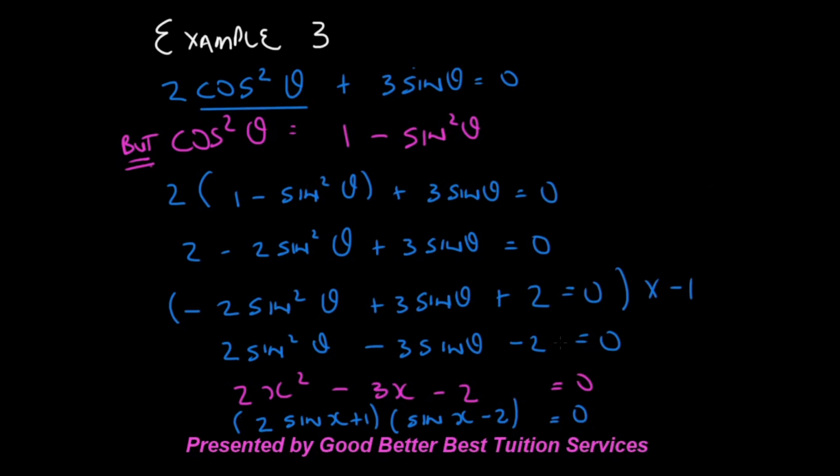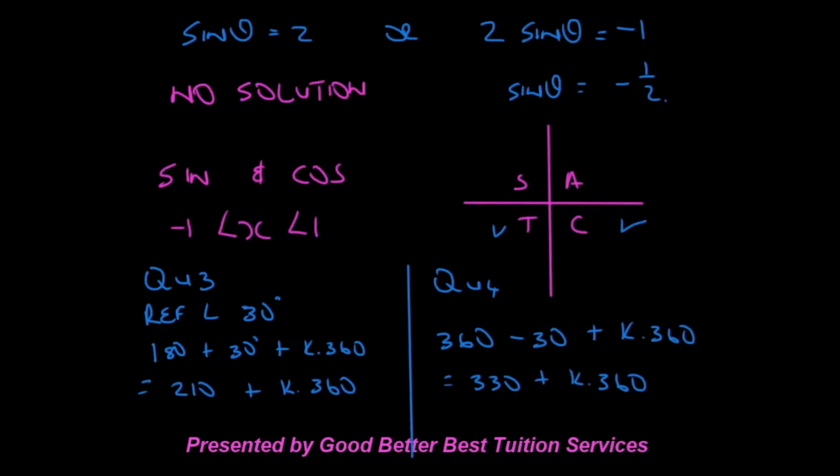So what we did was factorize that, and it factorizes into (2 sine theta plus 1)(sine theta minus 2) is equal to 0. Now this gives me sine theta is equal to 2, or 2 sine theta is equal to negative 1. And we solve for that. Sine theta is equal to negative a half, and sine theta equal to 2 gives us no solution.